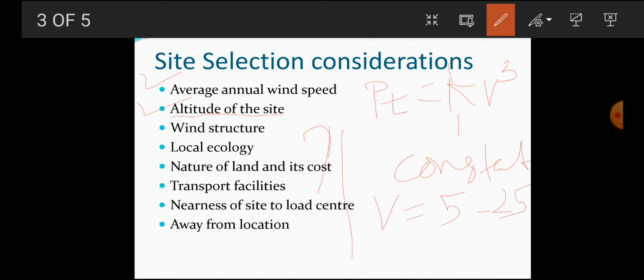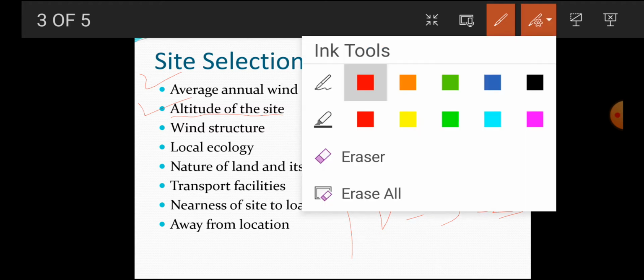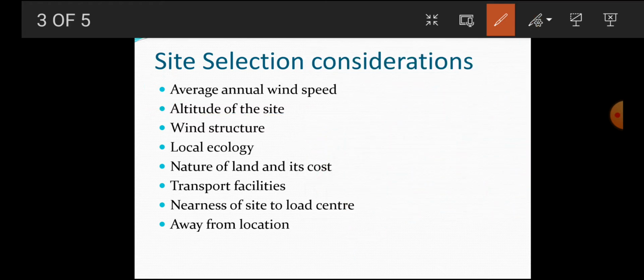Wind velocities must be measured by an anemometer. So we should measure the wind velocities at different heights before installing, to know at each height what the wind velocity is.